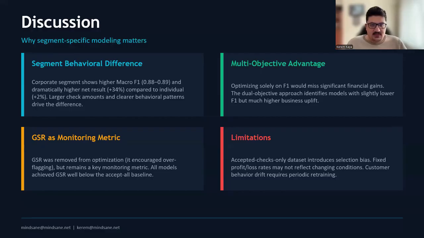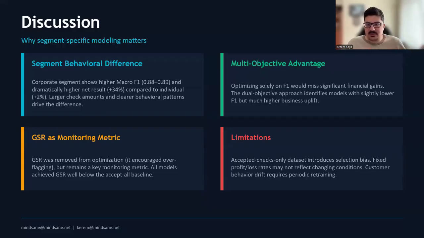And we have to say that there are some limitations to this study because our current dataset consists of only accepted checks from financial institutes. It doesn't include all checks that were proposed to the companies. Those checks were removed entirely by hard-coded rule systems.